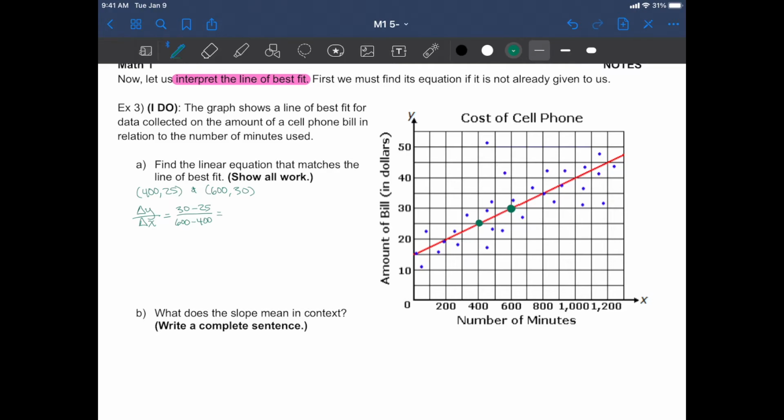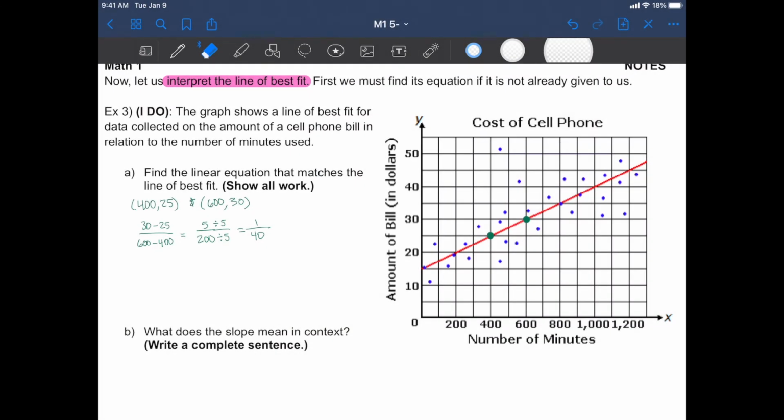So 30 minus 25 is 5, and 600 minus 400 is 200. Okay, and I'm actually going to go ahead and simplify this. I know that 5 can go into both 5 and 200, so I'm going to divide both the top and the bottom by 5. So 5 divided by 5 is 1, and 200 divided by 5 is 40. That is my slope.